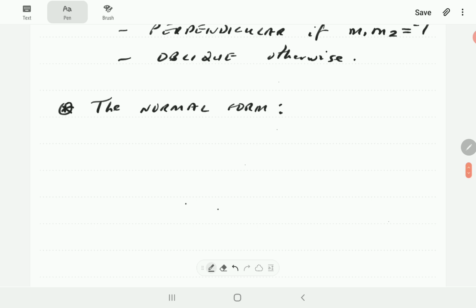So the normal form of the straight line is given by x cosine omega plus y sine omega minus p is equal to 0.